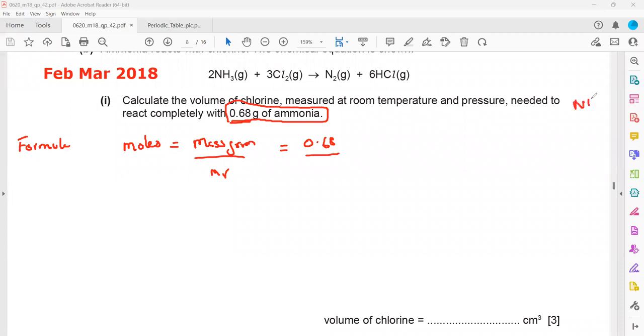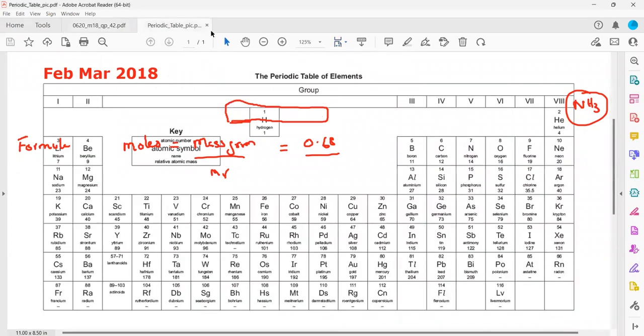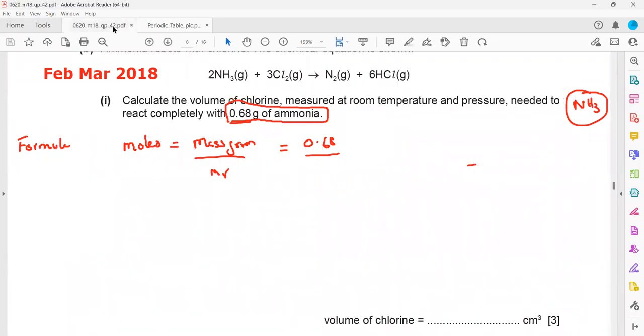Ammonia is NH3. For molar mass, you have to use a periodic table. Nitrogen is 14 and hydrogen is 1, and there are 3 hydrogens, so multiplied by 3. That will be equal to 17.